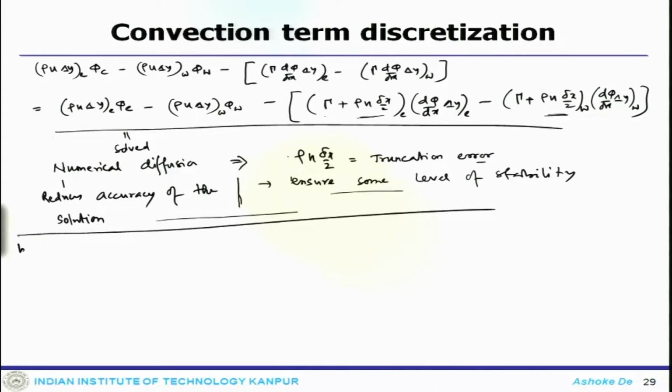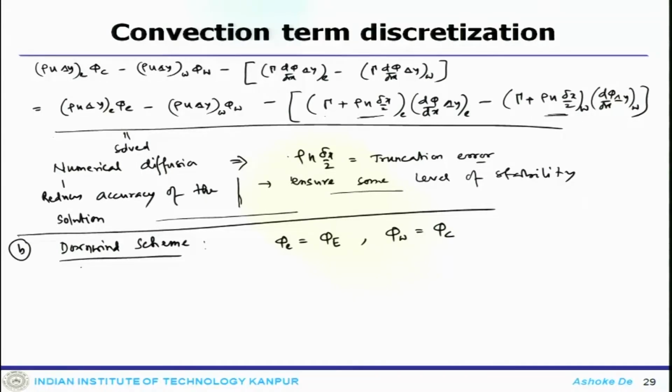Now, we will look at the second case, the downwind scheme. In the downwind scheme, since it is the reverse of the upwind scheme, your phi e is now phi e and phi w is phi c.